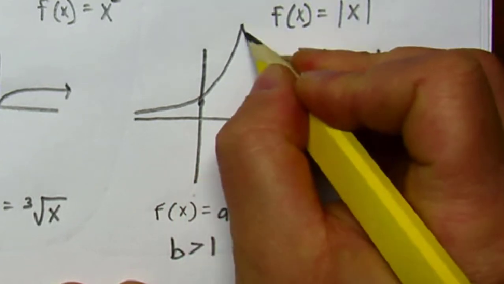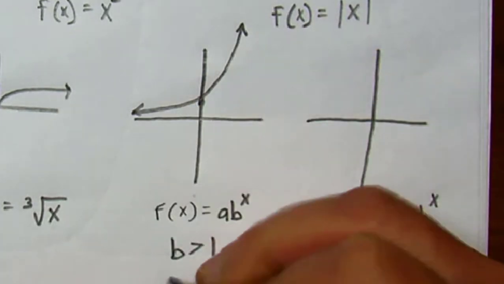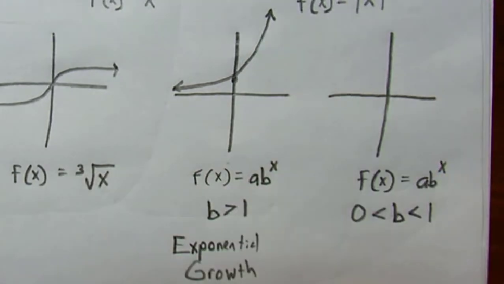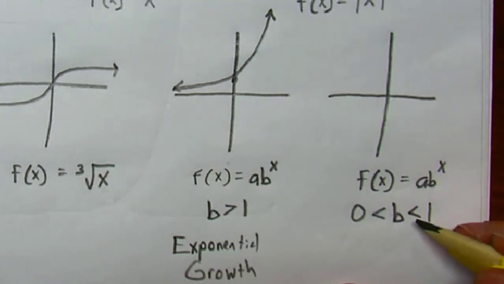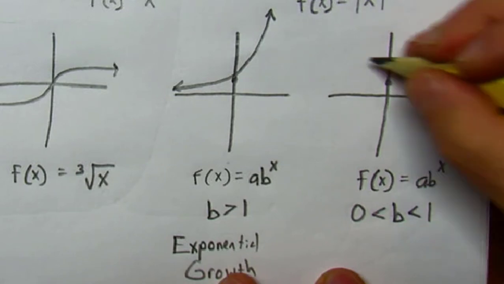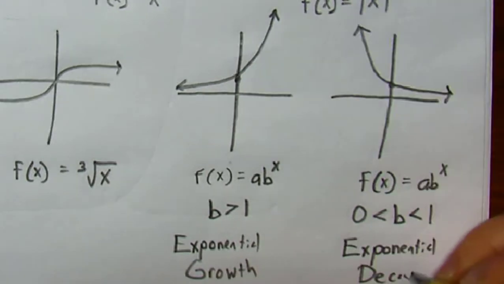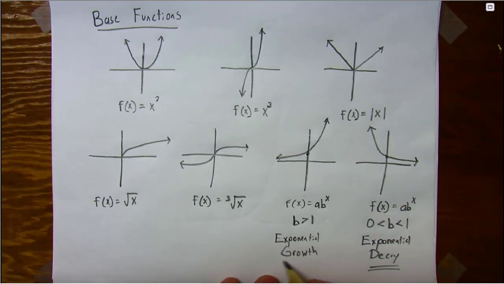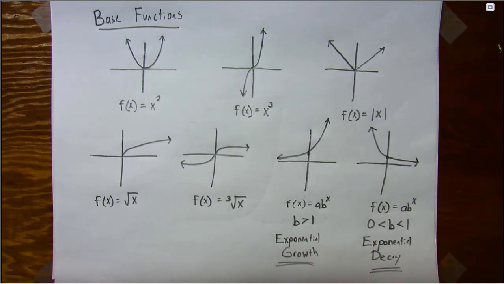That gives us an example of exponential growth. And if b is between 0 and 1, we're going to cross through (0, a), and that gives us exponential decay. So make sure that you add these to the list of base functions. We now have 7.